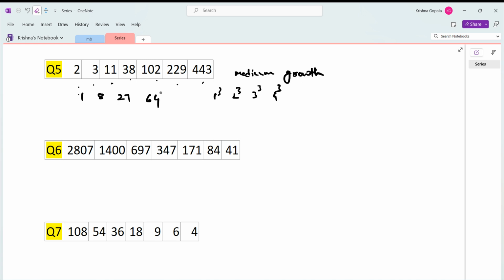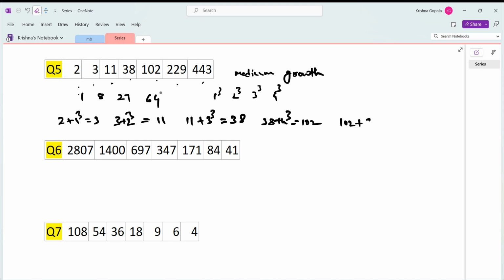So 2 plus 1 cube, 1 cube is 3. 3 plus 2 cube, 3 plus 8 is 11. 11 plus 3 cube, 11 plus 27 is 38. 38 plus 4 cube, 38 plus 64 is 102.